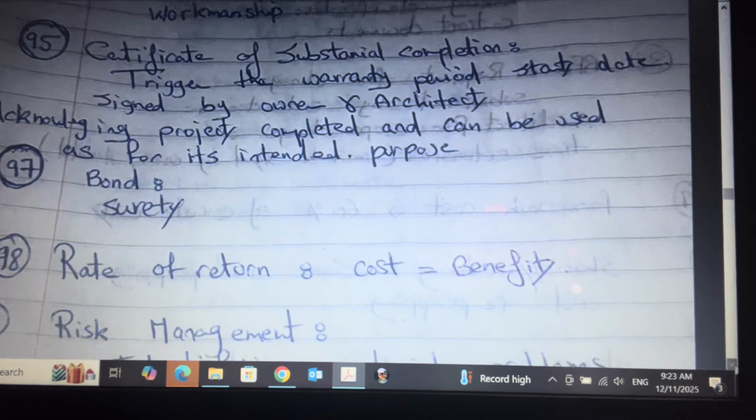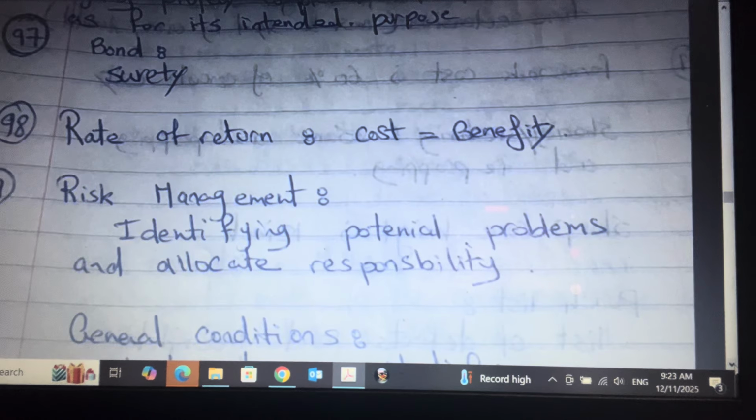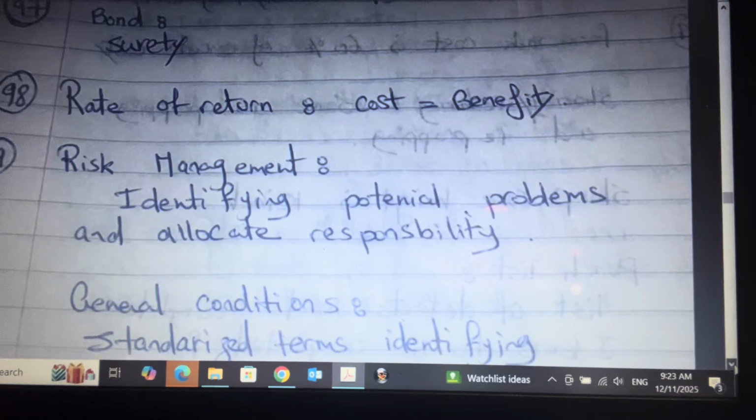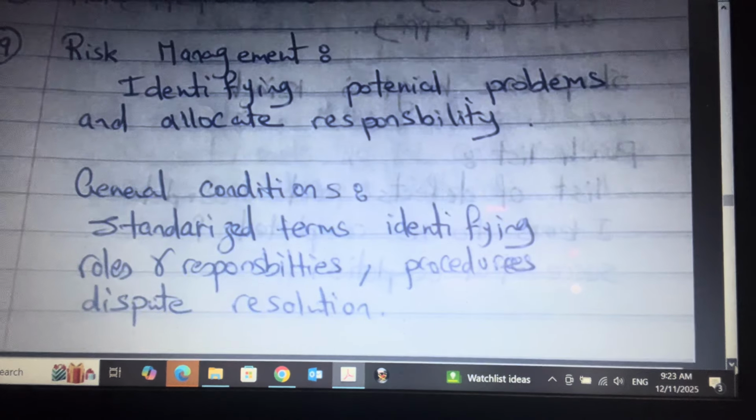Bond is also called surety. Rate of return, it's in engineering economics, and at that rate cost is equal to benefit. Risk management is identifying potential problems and allocating the responsibility.